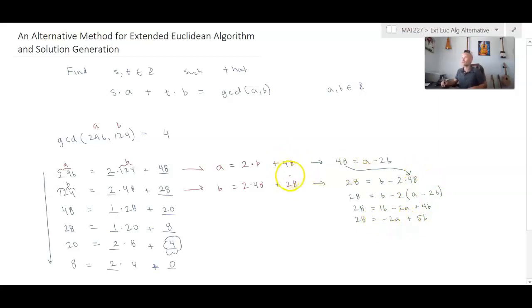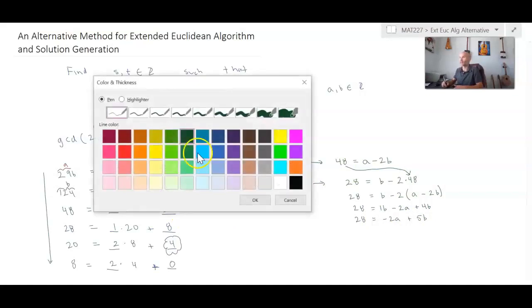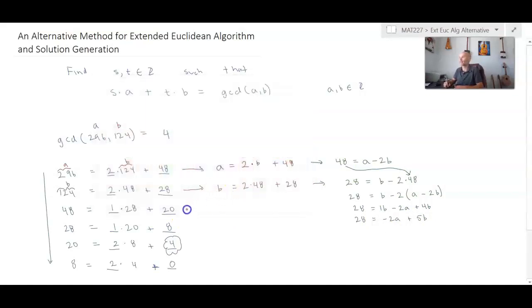We've combined the first two steps. Well, now we need to move to the third line. Okay, so in the third line, if we now represent that in terms of its remainder, that's going to be 20 equals 48 minus 1 times 28. Okay, so we can already see where we're going to end up making substitutions.